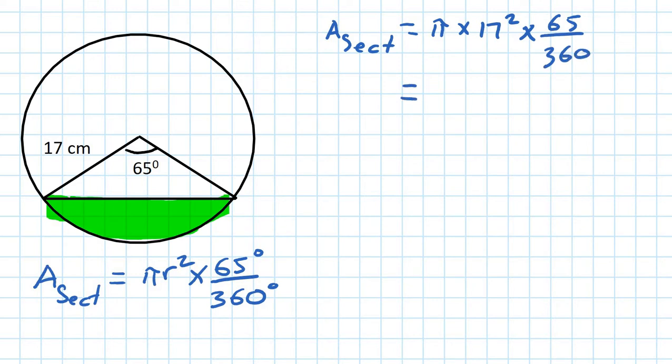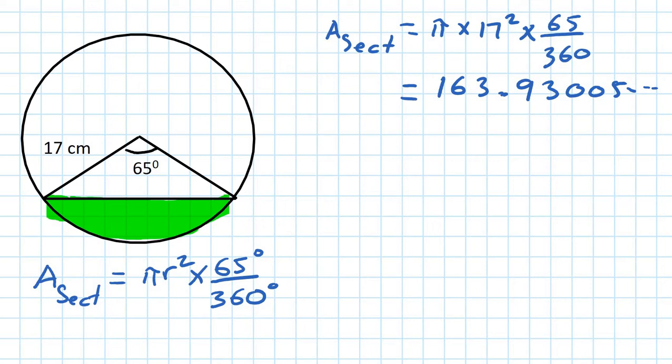Now put that in the calculator, and I get 163.93005 and so on. I just leave it as it is first, because you're going to use this answer, so we're not going to round it off yet. Please do not round off too soon, because your answer will be slightly different.